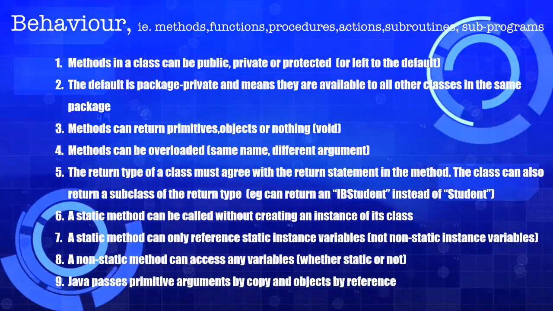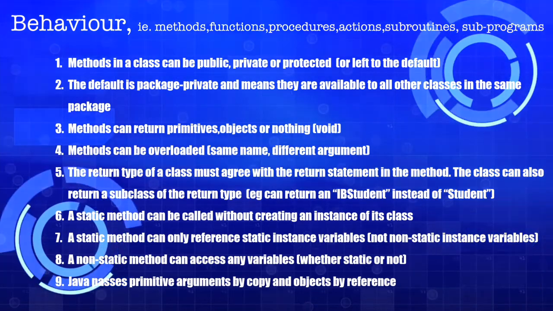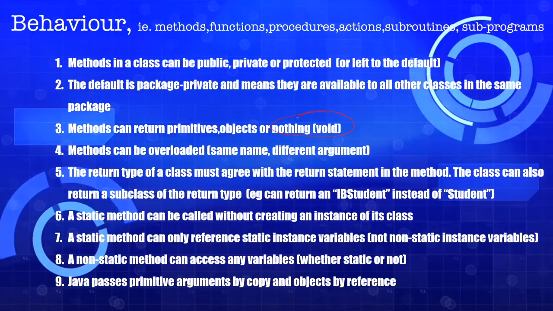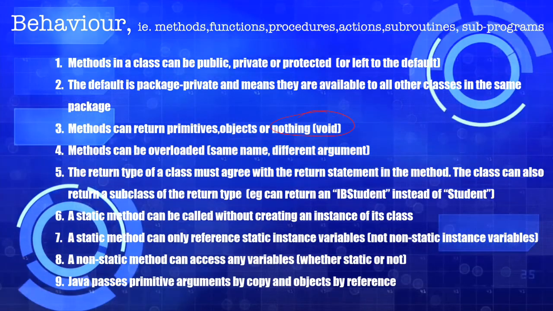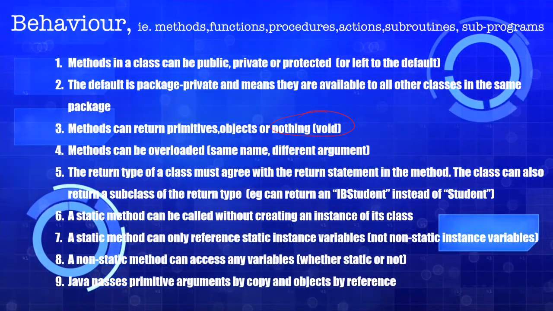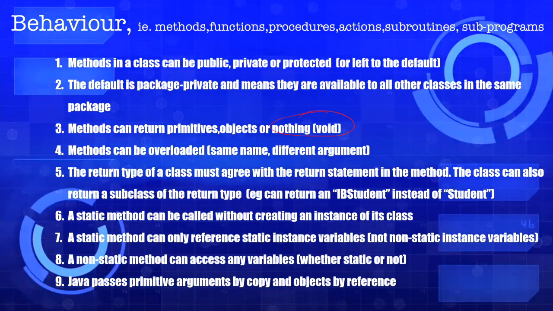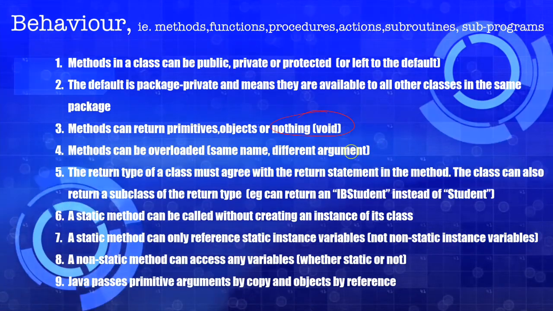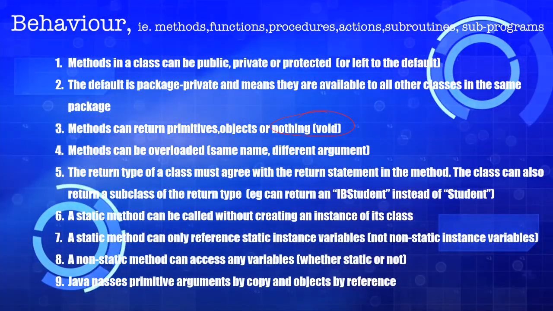Methods can return, well, primitives, objects, or nothing at all if they're void. And if they are void, then you shouldn't use the return keyword in them at all. And if you do use the return keyword, it should correspond with the type that you've defined at the top of that method. Methods can be overloaded, i.e. the same name and a different number of variables. The return type of a class has to agree with the statement.